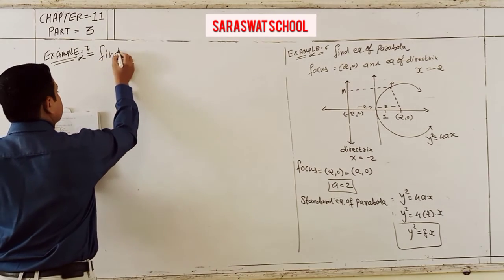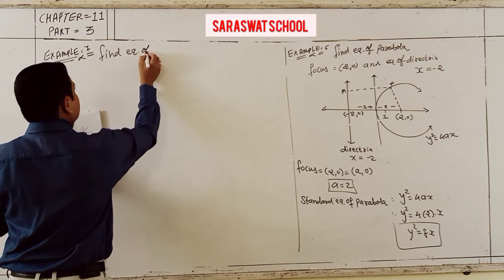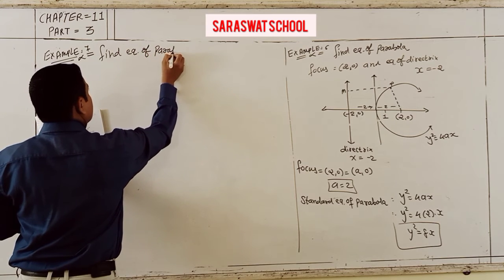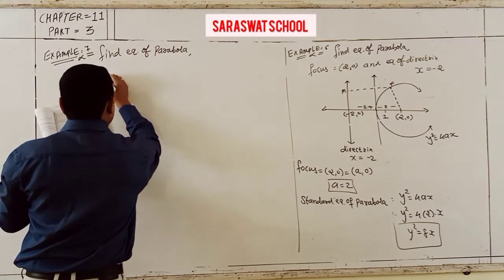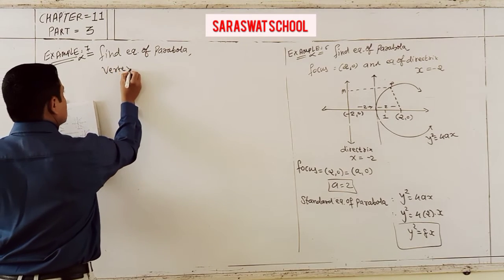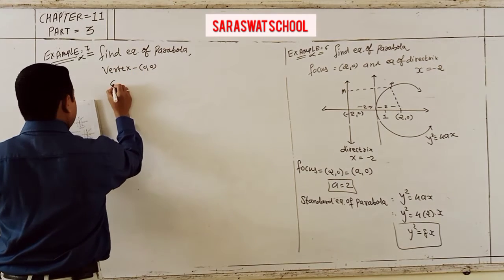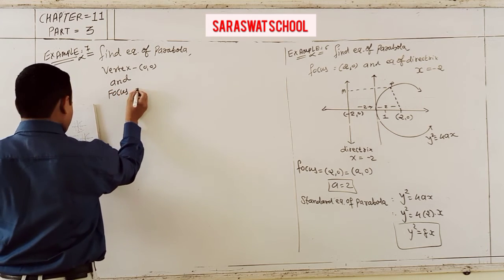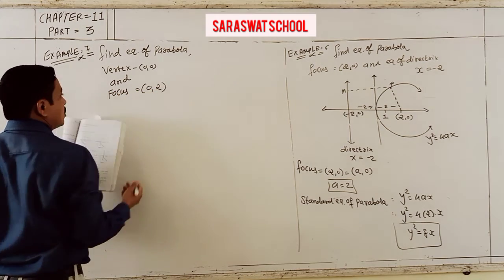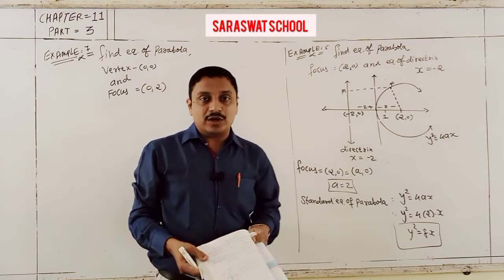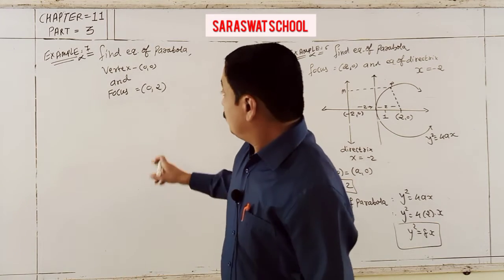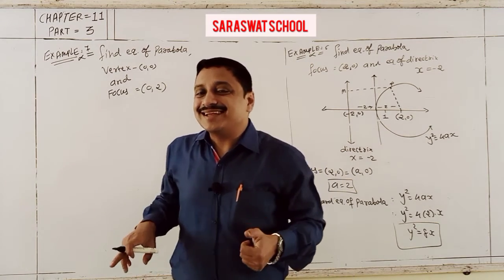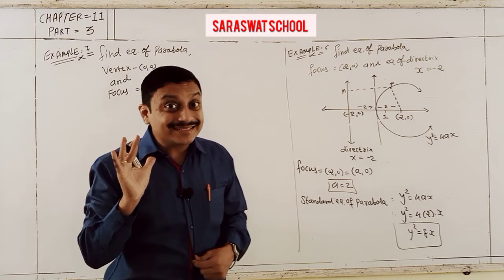Find the equation of parabola having vertex 0, 0 and focus 0, 2. Only focus is given, students, 0, 2. Simple way. 0, 2 means it lies on which axis? Yes, it is the y-axis.